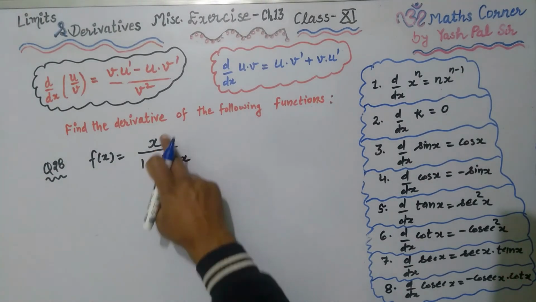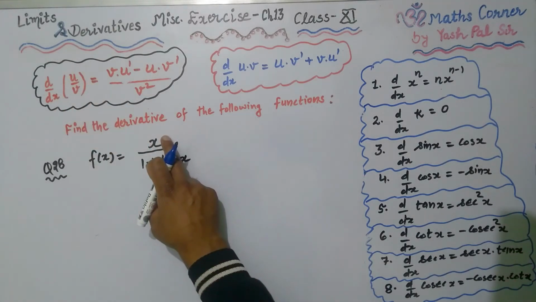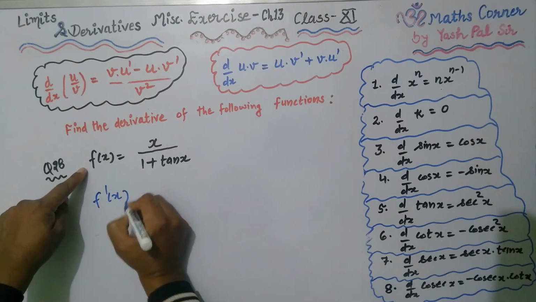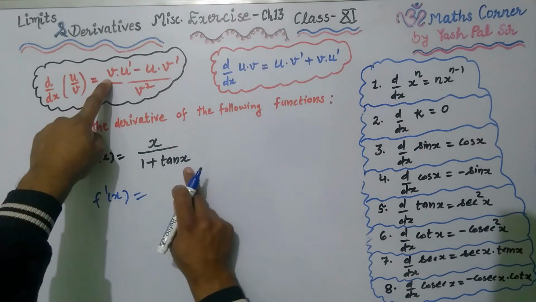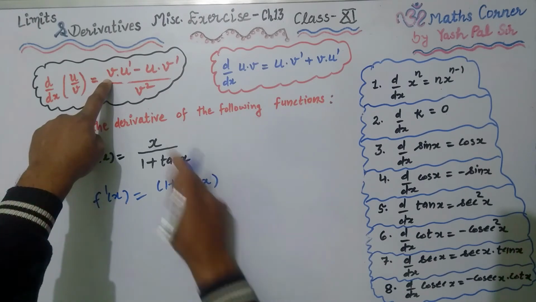f(x) is equal to x divided by (1 plus tan x), u upon v. This is u, this is v. So we have f'(x) is equal to v, that is (1 plus tan x), into u'.